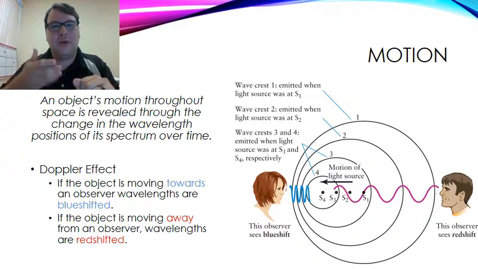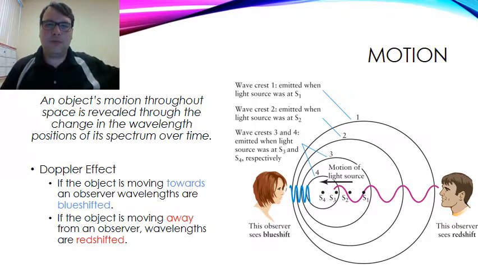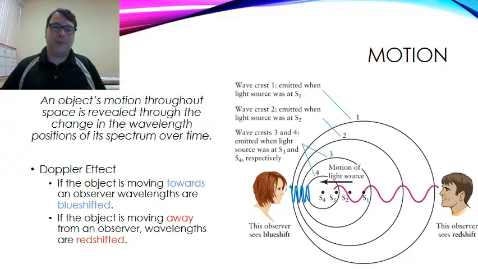It's getting louder as it comes closer to you. It is blue shifted. As it moves away, it is losing energy from your perspective because you weren't moving, but the object is now moving. So as that object is moving away, it is red shifted. And so it is losing energy from your perspective. That's the Doppler shift really in a nutshell.